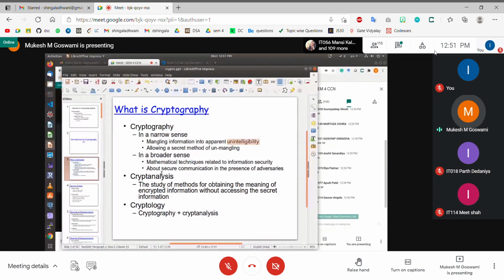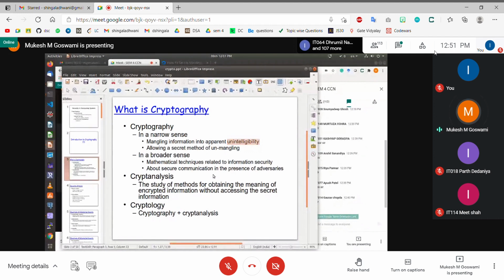There are other terms related to it. One is cryptanalysis. Cryptanalysis is the study of methods for breaking the cryptographic code, right? That is, for obtaining the meaning of the encrypted message from the secret message. When we convert the message into an unintelligible form, we call it a secret message, right?